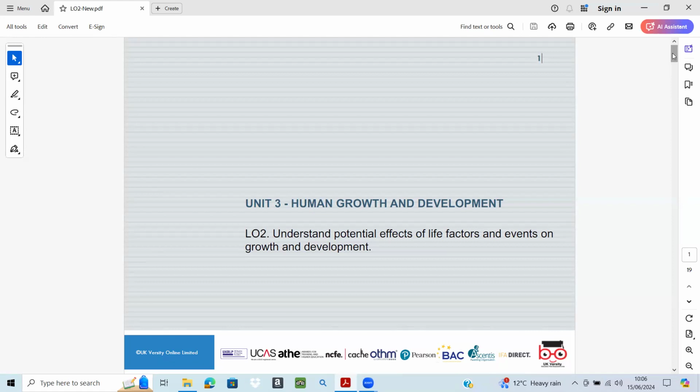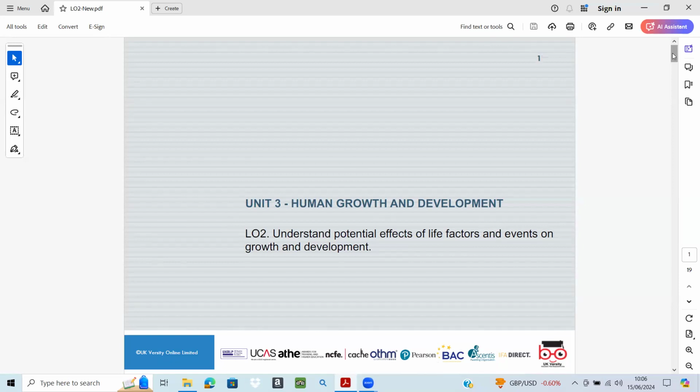And if we talk about the environmental factors, the environment in which an individual grows up can have effects on development. The environmental factors affect the development of the person.